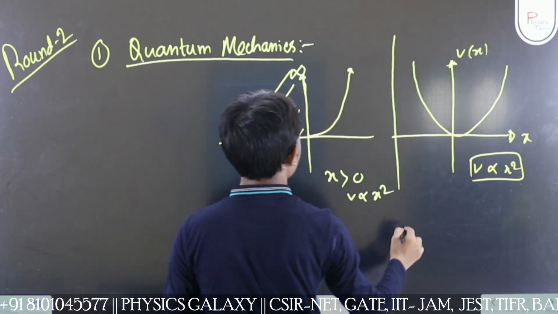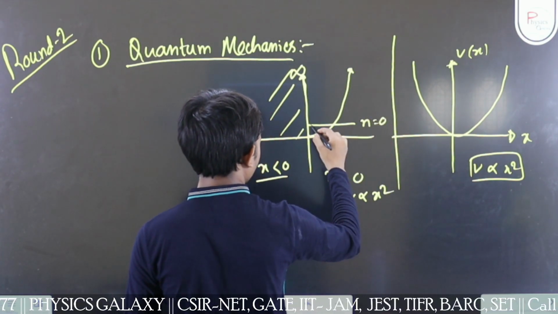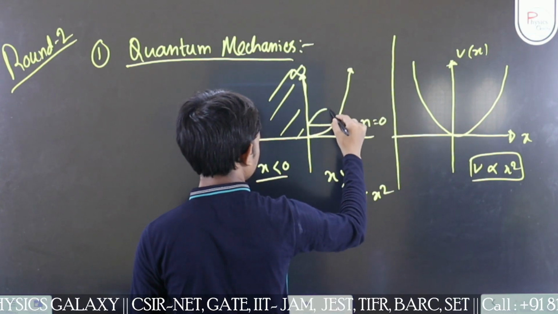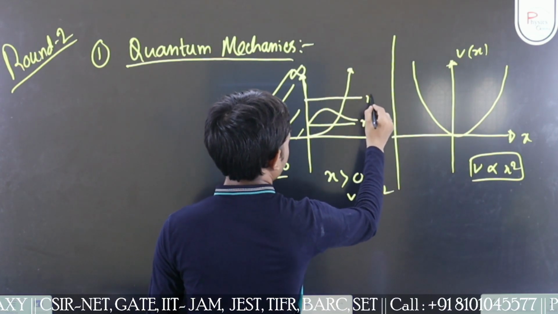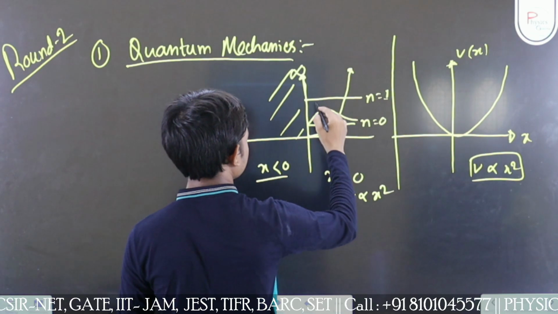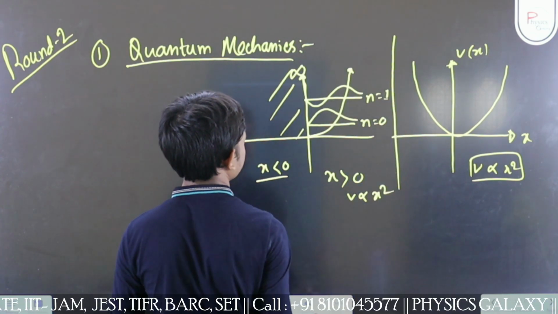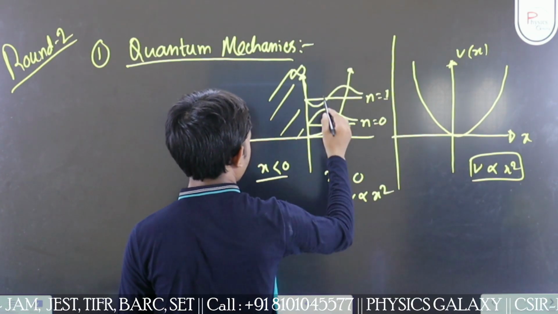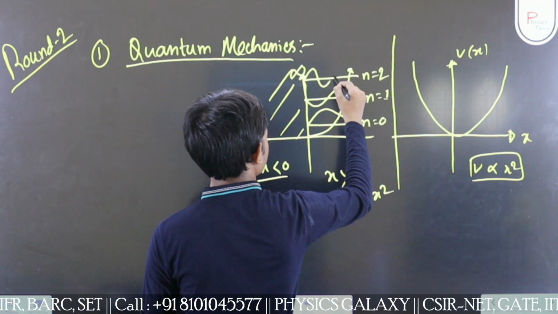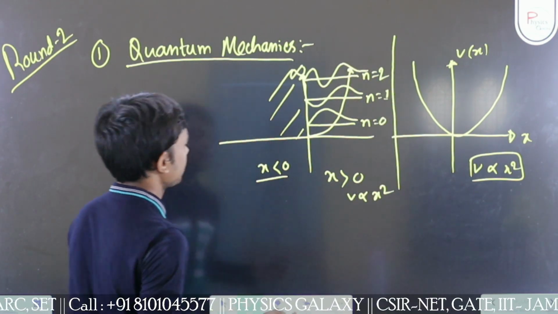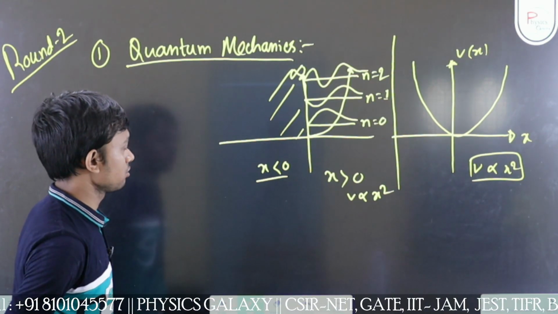I drew for n is equal to 0, it is about like that, and for n is equal to 1, and for n is equal to 2, looks like that. And I was also asked to write down the energy expression.